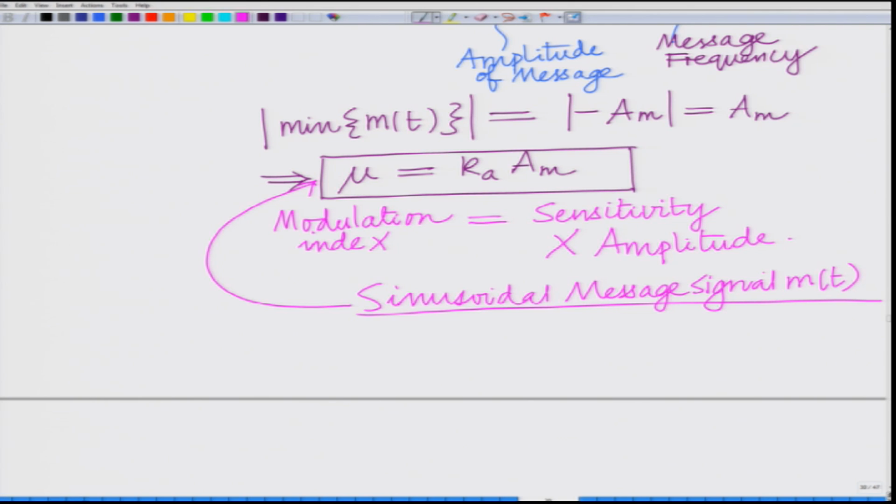Alright. So, in this module we have started looking at amplitude modulation, which is one of the most fundamental and one of the earliest schemes of transmitting and receiving communication signals, one of the earliest technologies of communication.